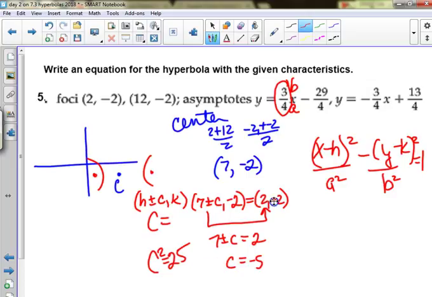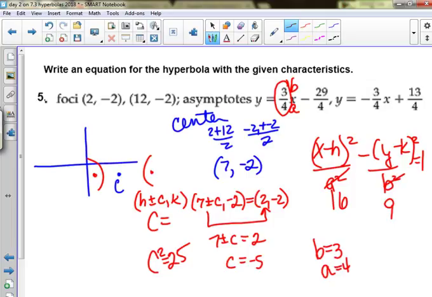Yes, we're good. So B is 3, and B squared is 9. A is 4, so A squared is 16.